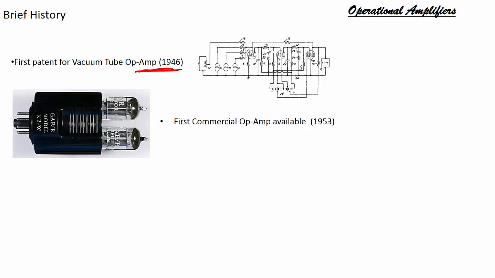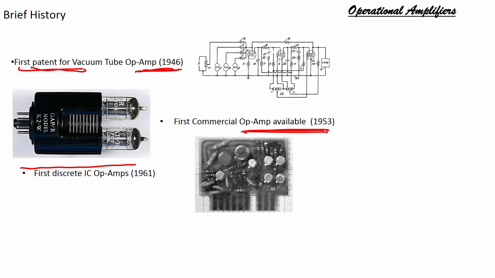So the next one was the first commercial op amp, which was available in 1953. So the first patent was in 1946. The first commercial op amp, it looked like this, you see here, and it was available in 1953. This was the first commercial op amp, how it looked like. Okay.